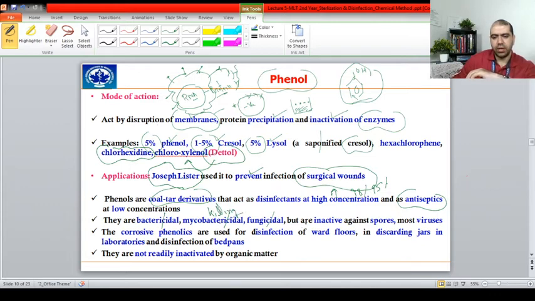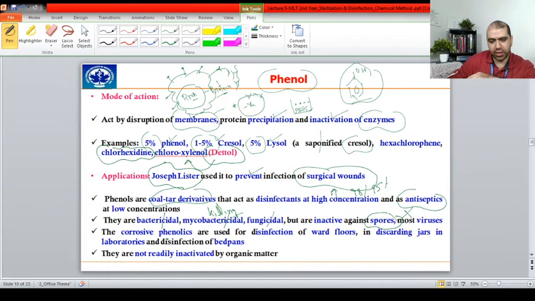But again, it is inactive against spores, as I told you about Bacillus anthracis spores or Bacillus subtilis spores, which are mainly found in gram-positive bacteria. And most viruses, it is not able to do anything about those. So in case of coronavirus, you cannot use phenol.